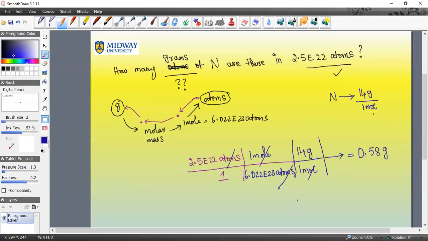A mole contains so many atoms that make up 14 grams, right? But if it's only 0.58 grams, the number of atoms is also less. That's the point I was trying to get across. But this is the sequence you're going to use if you're going to go back from atoms to grams.